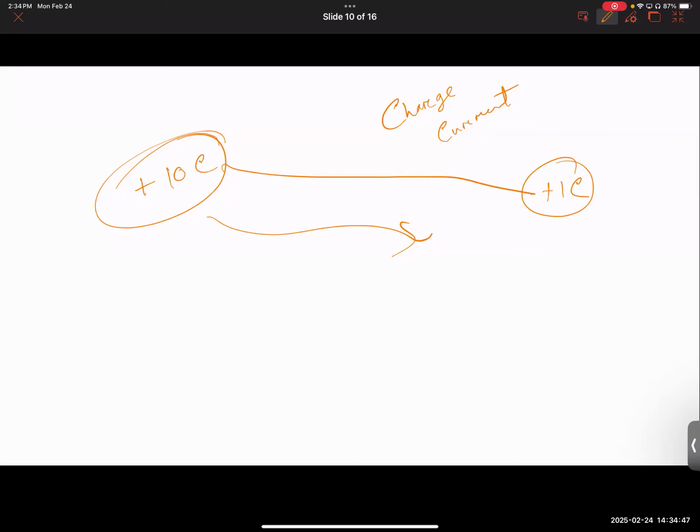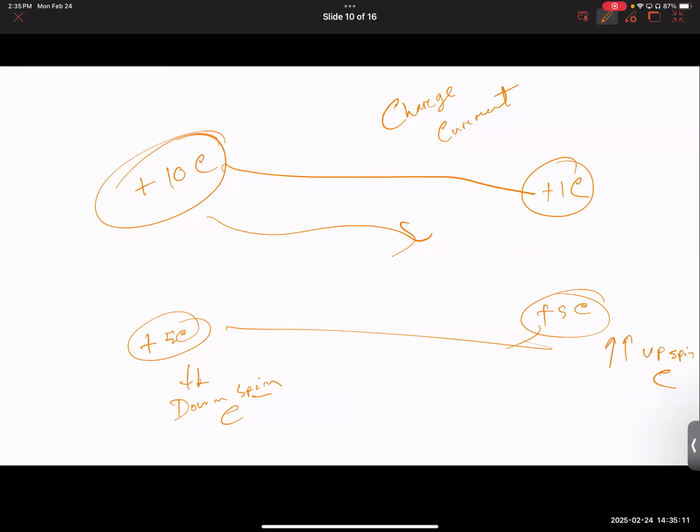Okay. Now, imagine you have plus 5 coulomb here, plus 5 coulomb here. But yes, apparently there is no charge difference. But somehow you manage to have all upspin electrons here and all downspin electrons here. Okay, and somehow you connect them.